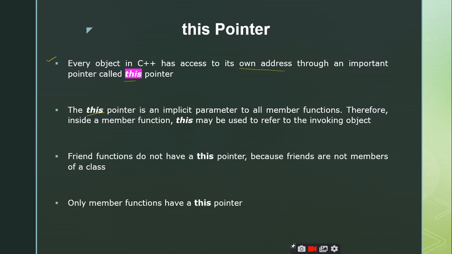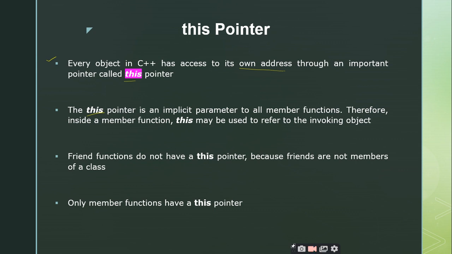So in order to activate a member function, you have to use the object, and you have to use the member access operator: object dot member function, right? So when you invoke a function using an object, the member functions are implicitly passed a special pointer which is called the this pointer, and this pointer can be used to refer to the object implicitly.